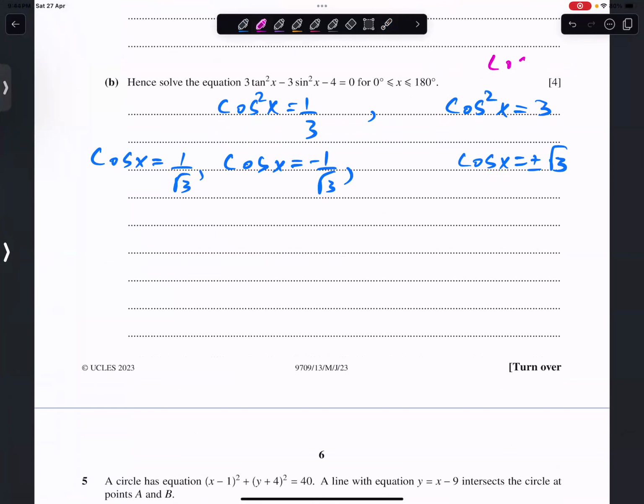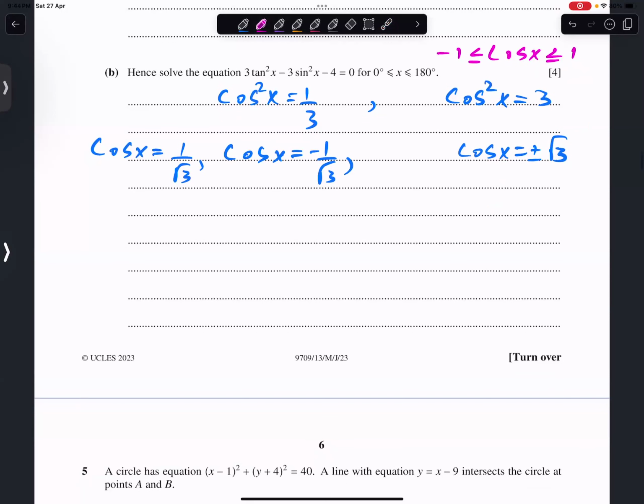The value of cos x or sin x, no matter what the angle is, can never exceed 1. But root 3 is greater than 1. So this is not possible. So we will proceed only with the first two cases.